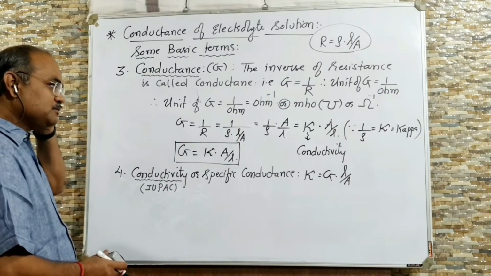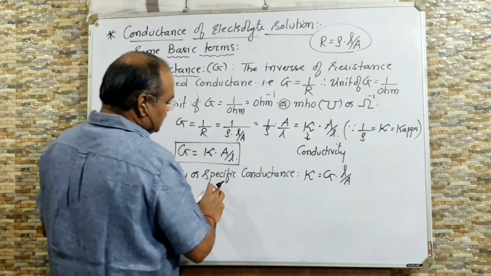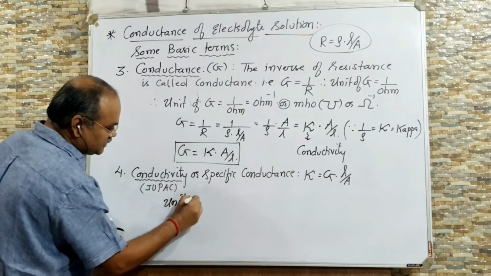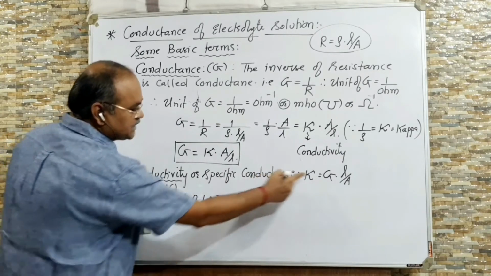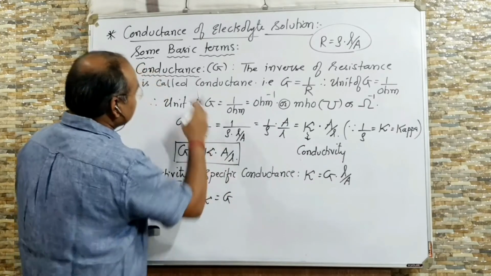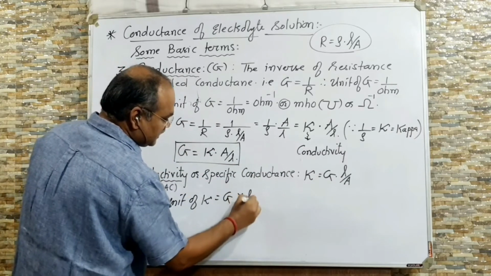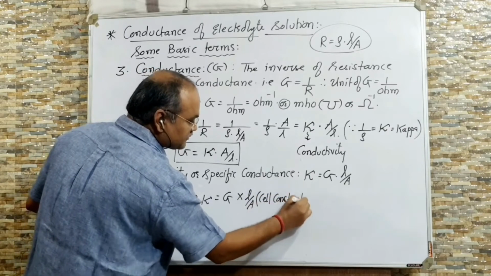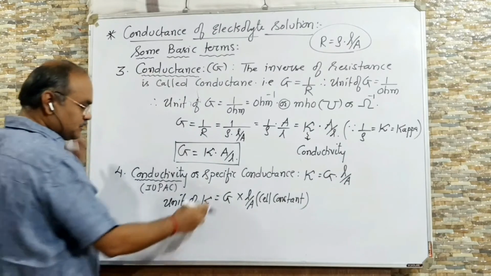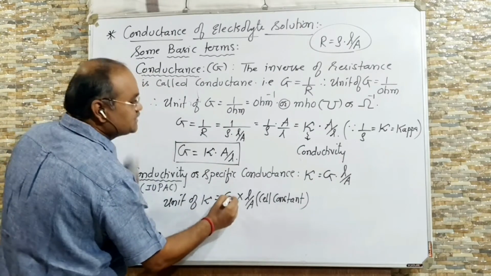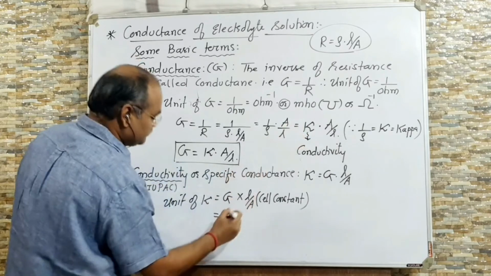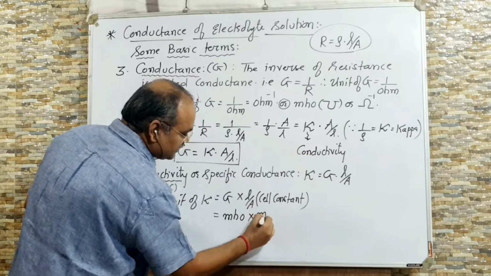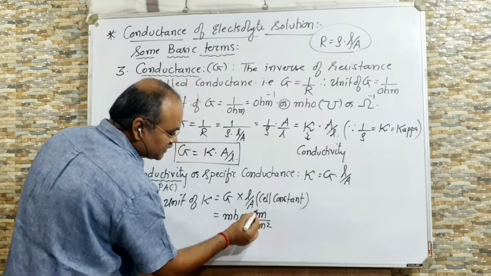Now, specific conductance kappa, what is unit of kappa? Kappa is equal to G, that is conductance, into L by A. L by A is called cell constant. So here unit will be G. What is the unit of G? Mho, into meter upon meter square. So again this will be cancelled.